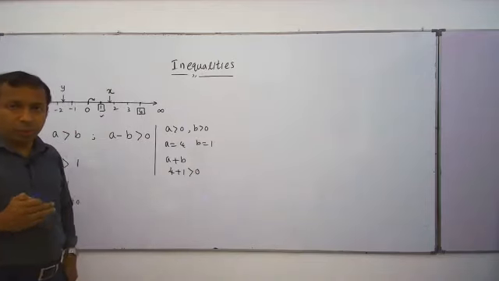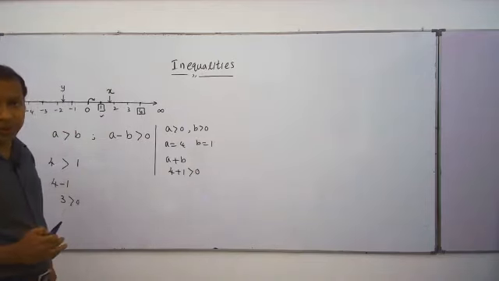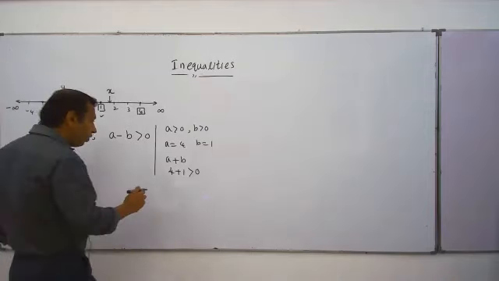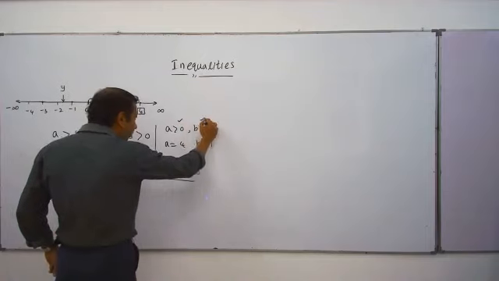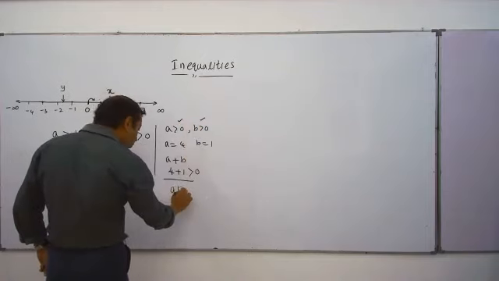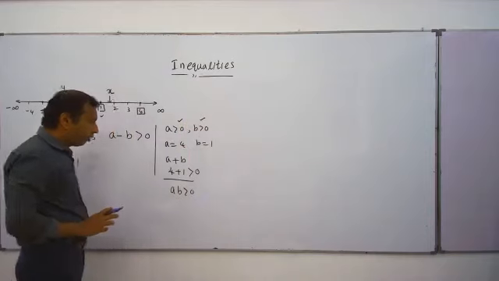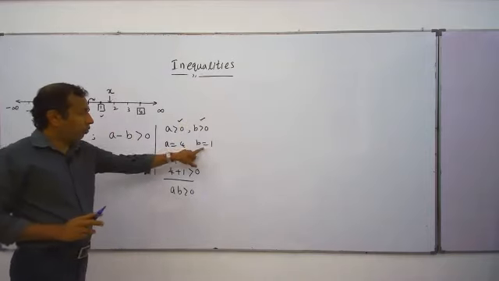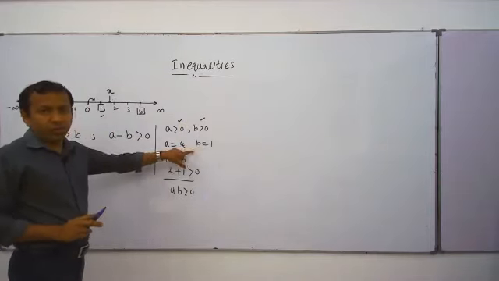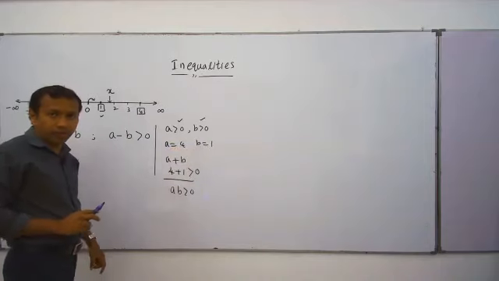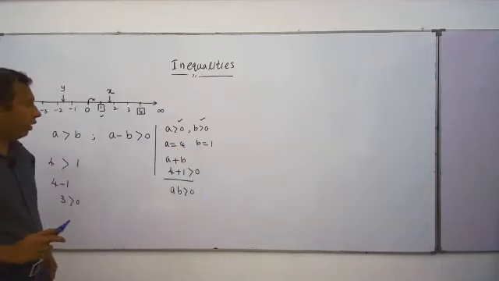That means when we add two positive real numbers, the answer is positive. And when we multiply two positive real numbers, the product is also positive. 4 multiplied by 1 is 4, which is positive.